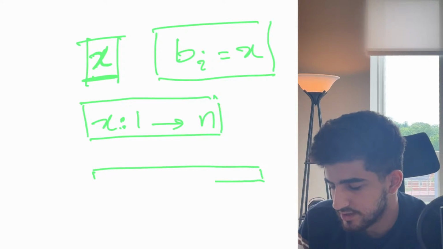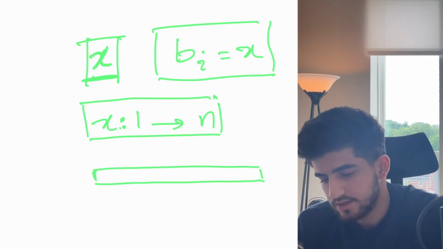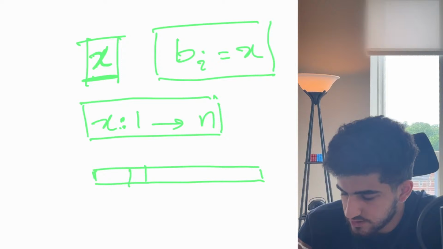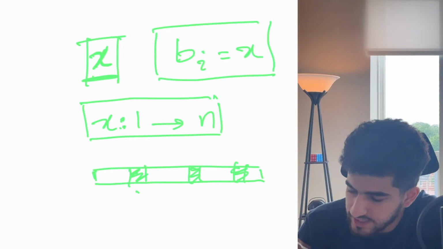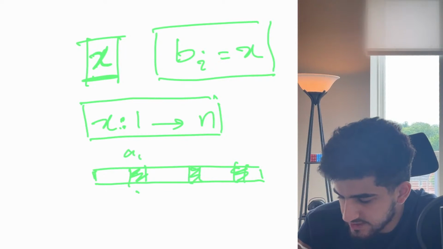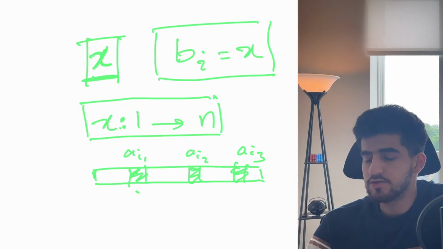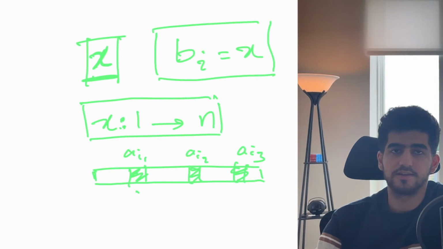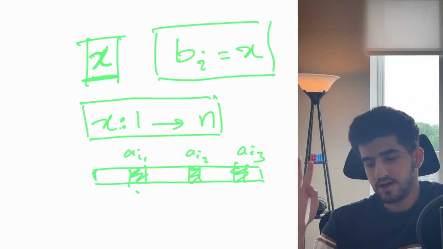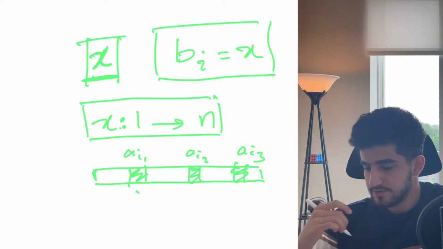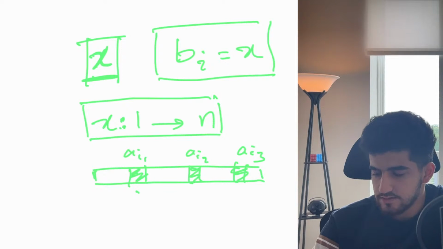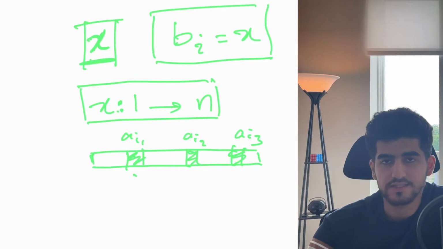For example, in an array, I will store the value of A. So, for example, I have this value and this value. These are all A sub I1, A sub I2, A sub I3. They are all some indices such that their B is equal to X. I store these values somewhere, and I will tell you how I will use them in future. So I will store all these values whose B is equal to X.